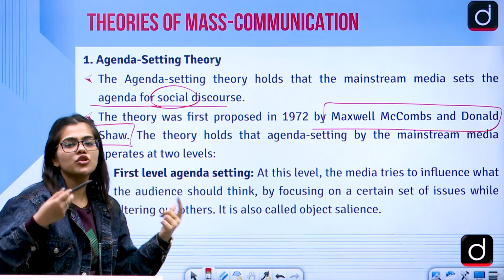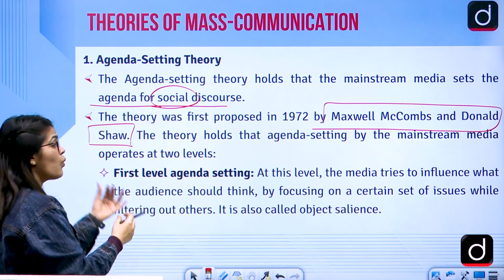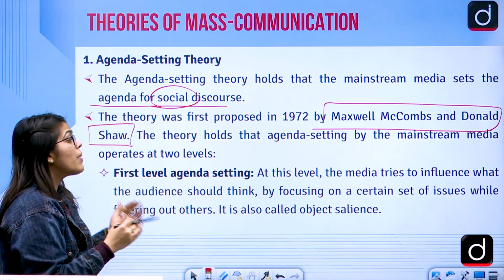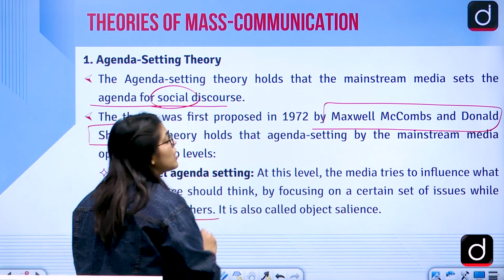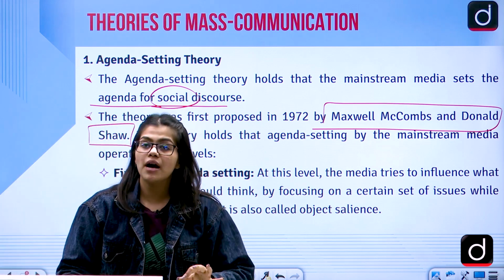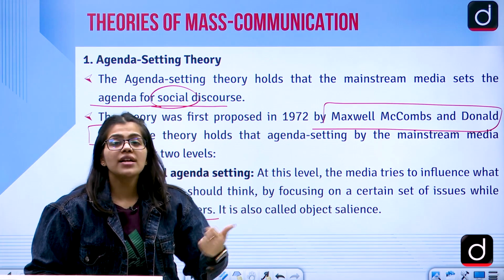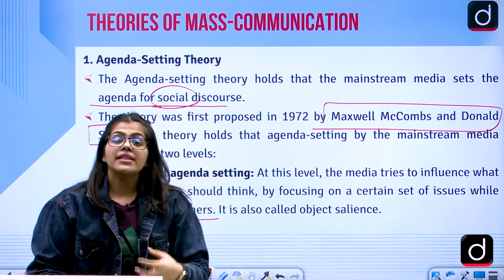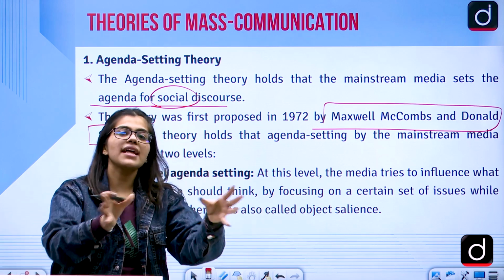It's actually done at 2 levels. At the first level, media tries to influence what the audience should think by focusing on a certain set of issues while filtering out the others. This is basically a silent objective of media. They will silently filter all those things. This is called gatekeeping as well. They will only tell you those things that they feel are relevant, and they set an agenda.